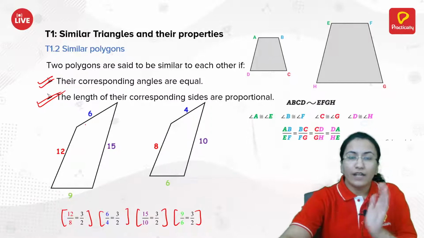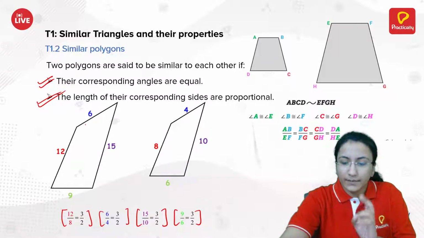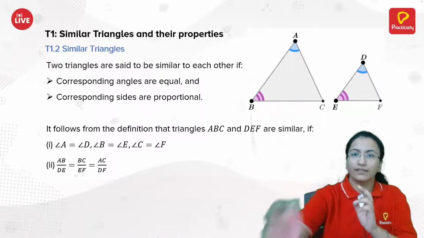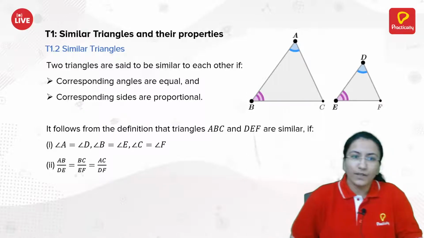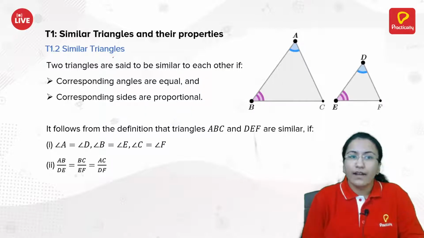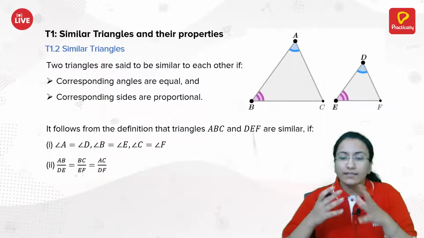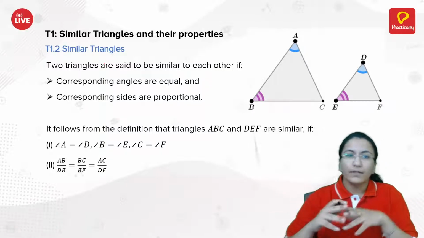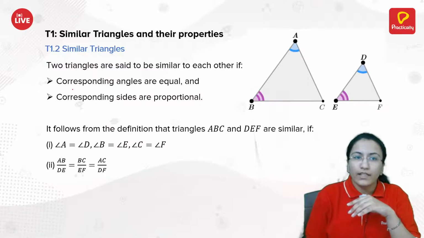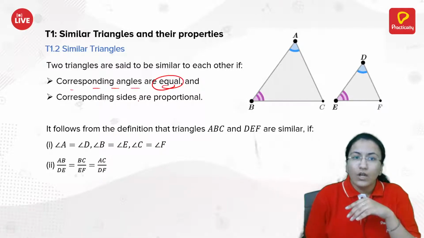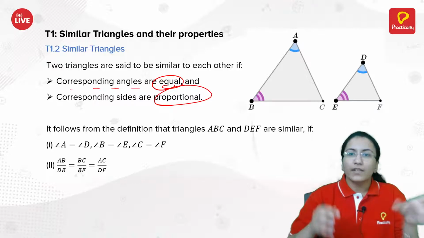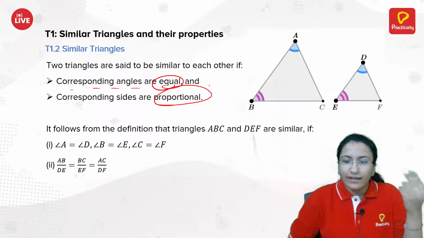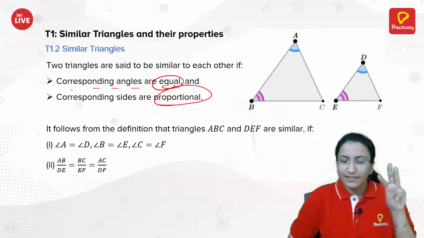Right. Now coming towards similar triangles, which we want to deal mainly with. So as in the case of polygons, where either the corresponding angles are equal or the corresponding sides are proportional, then we say that two polygons are similar. The same case holds over here, because a triangle is a kind of polygon with 3 sides, right?